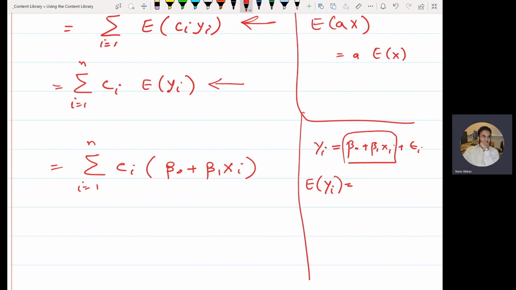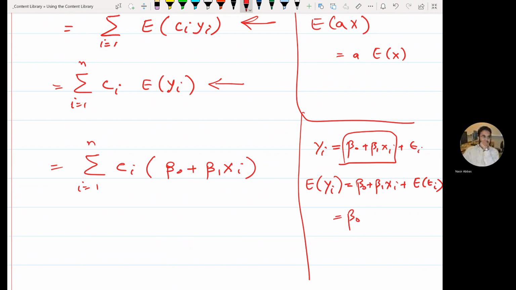Because this is a constant term, it goes out of the mean expression, and the mean is applied only on the variable part, epsilon. What is the mean of epsilon that we are assuming? 0. We're assuming that the errors are normally distributed with 0 mean. So it is beta naught plus beta 1 xi.